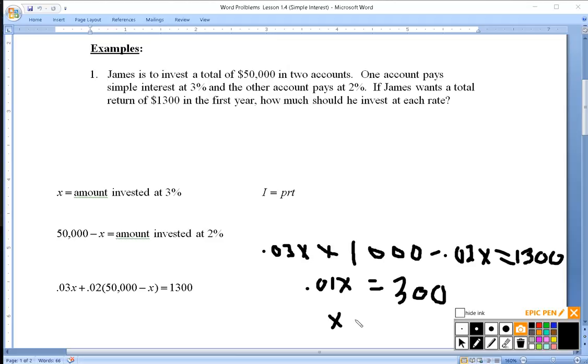And then I have to do the same thing to both sides to keep this balanced. So 300 divided by 0.01 is 30,000. And that, of course, is in dollars.